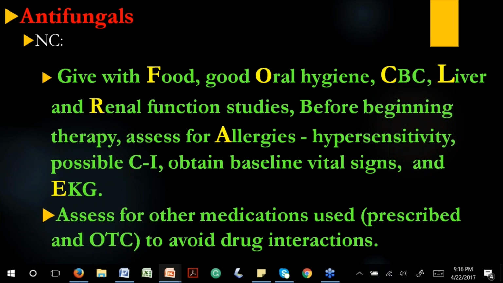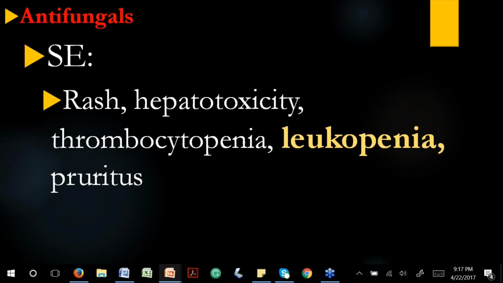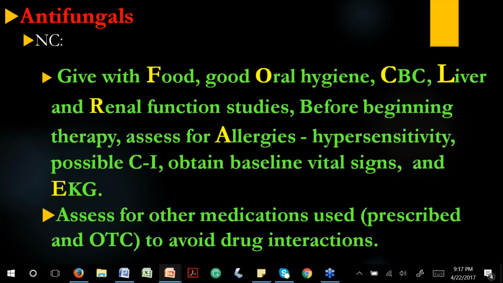Okay. CBC, why CBC? Because in the previous slide we were talking about how it can produce leukopenia, right? Leukopenia, what is leukopenia? Low levels of white cells: leuco, white, penia, blood, right? So we have CBC. Liver and renal functions, again, we were talking about the nephrotoxicity, right? And this is going to be a baseline, okay?